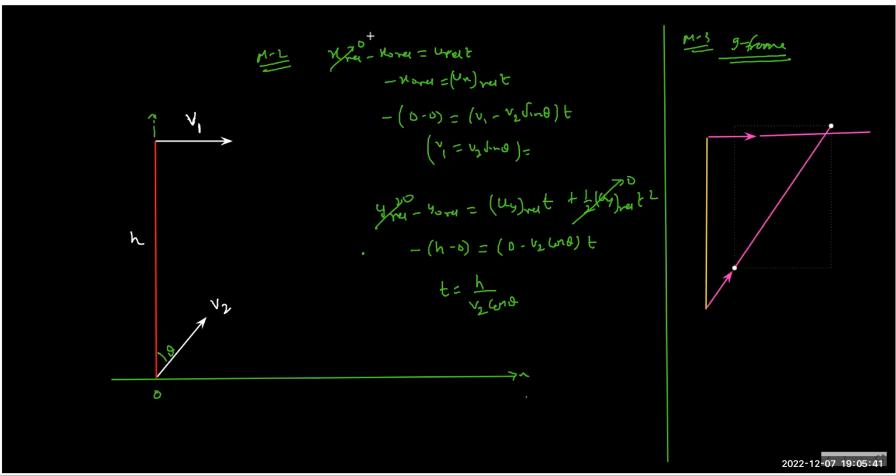So what is the condition of meeting? In time t, how much will the first particle travel? V1 t. Second, separation is, this is a right angle triangle, we know Pythagoras. So V2t whole square is how much? H square plus. If you solve, you get the answer here.